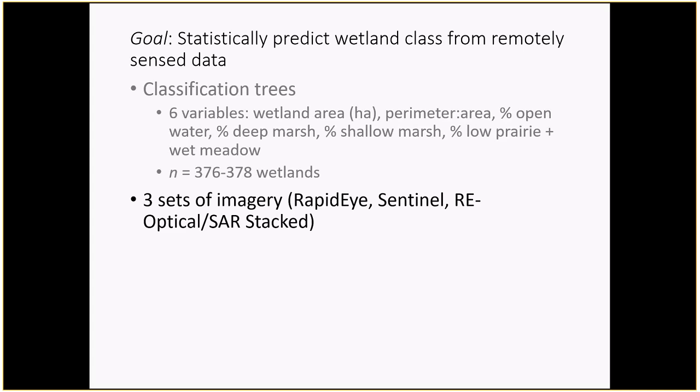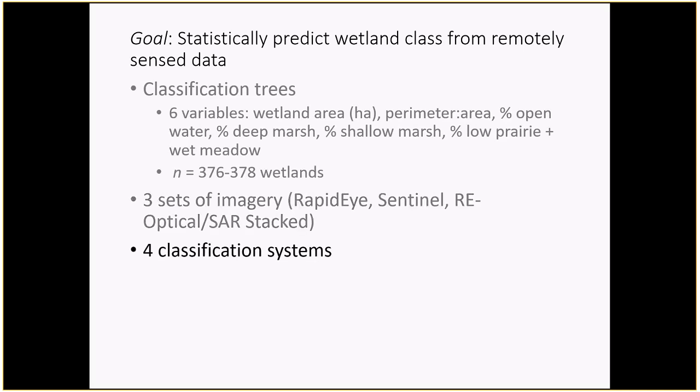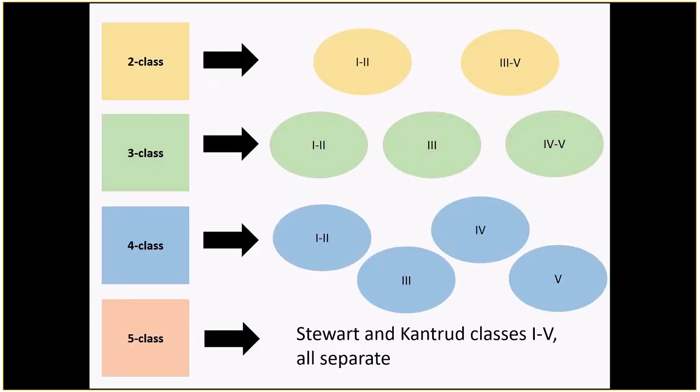As Lyle mentioned, there were 3 sets of imagery used, the RapidEye, the Sentinel, and then this stacked product, this combination product. And we used 4 different ways of classifying or grouping the wetlands. So Stewart and Cantrud, of course, has 5 separate classes, but what the Manitoba regulations actually want is just to find that breakpoint between classes 1s and 2s and 3 to 5s, which is essentially a 2-class system.